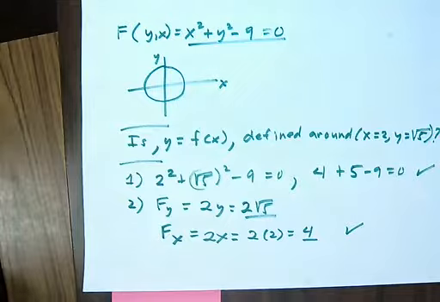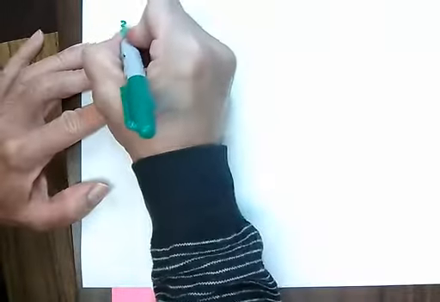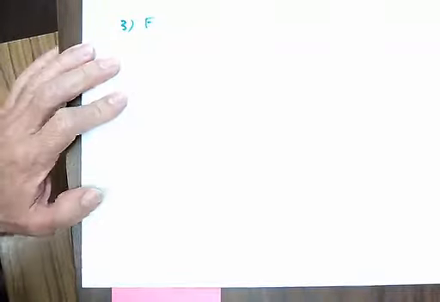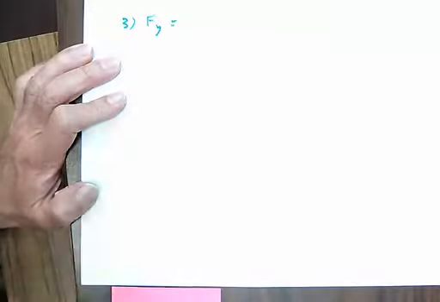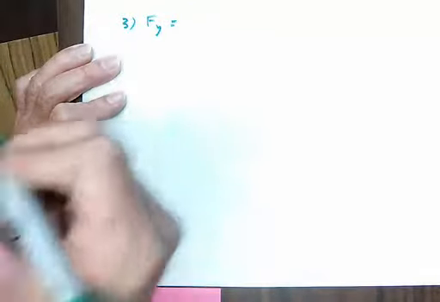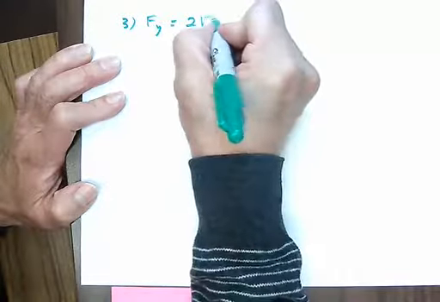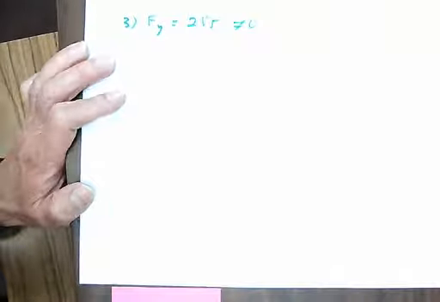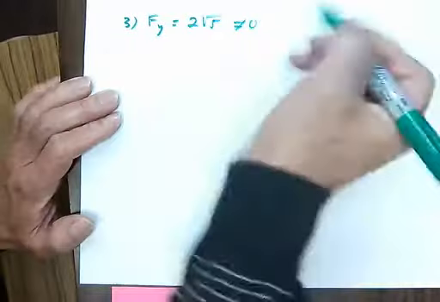What is the third condition of the implicit function theorem? The third condition is that the partial of our capital F function with respect to y, evaluated at the given point, which in our case was 2 times the square root of 5, cannot be 0, which in this case it is not. It's not equal to 0.